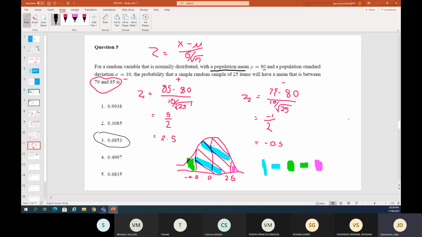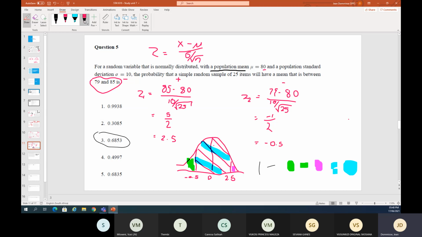The other way is this. So that was to get my blue area: 1 minus the green area minus the purple or pink area would have given me the blue area.